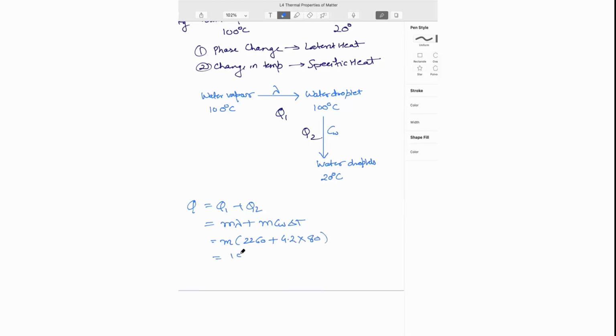So 4.2 into 80 is 336, and 336 plus 2260 becomes 2596 kilojoule.